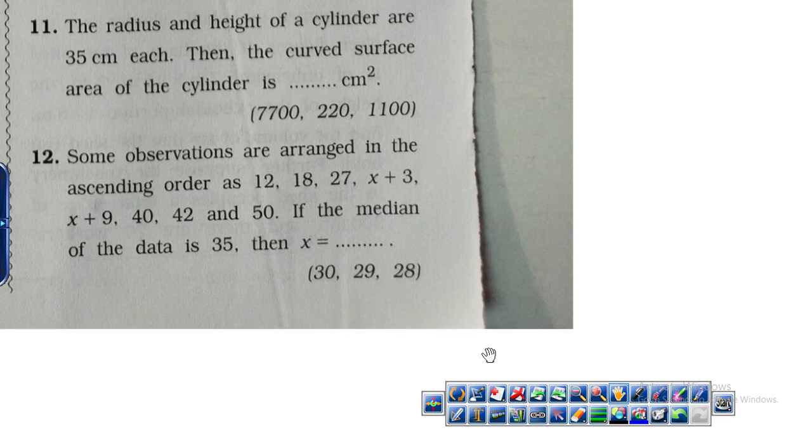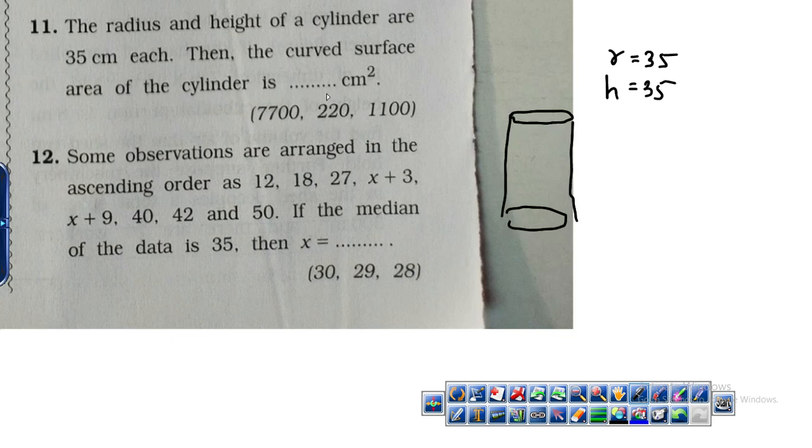The radius and height of the cylinder are 35 centimeters each. Then the CSA of the cylinder is dash. Radius 35, height 35, the cylinder looks something like this.